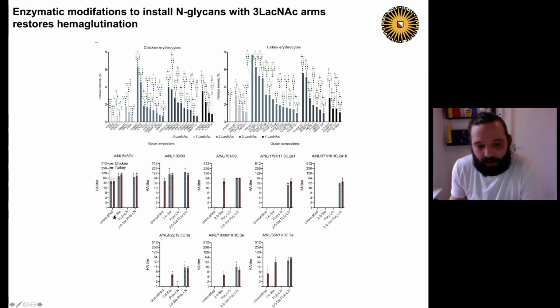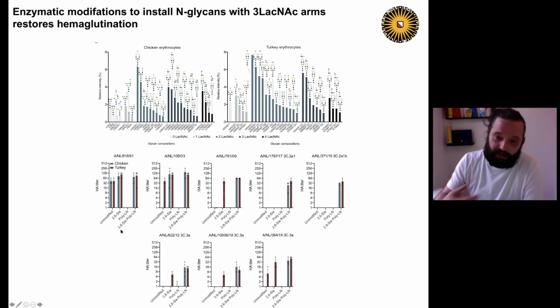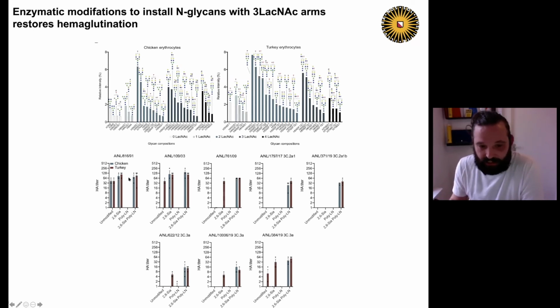On the x-axis, we have unmodified erythrocytes, just resialylated erythrocytes, non-resialylated erythrocytes that do have long arms because of polyLacNAcs, and then erythrocytes that have polyLacNAc structures and are resialylated with alpha-2,6-linked sialic acid.